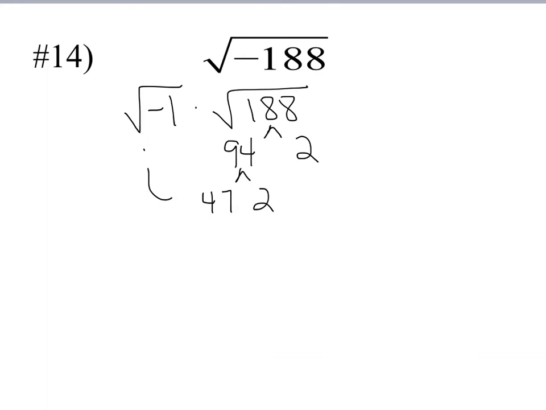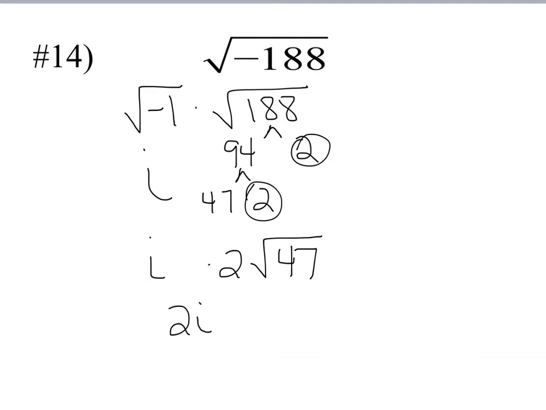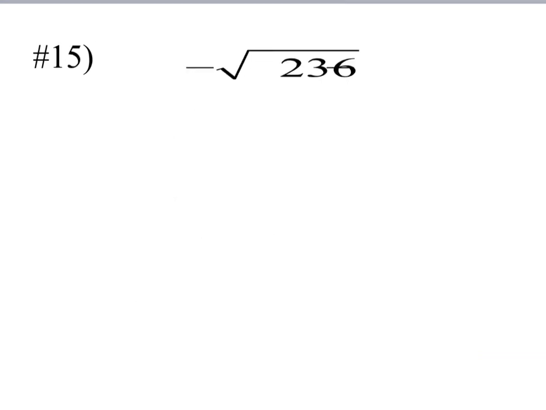And 47 actually can't go any further. So I can pull a 2 out front, and then I have to leave the square root of 47, and this is times i. So you're going to multiply your i and your 2, and you're going to get 2i square root of 47.